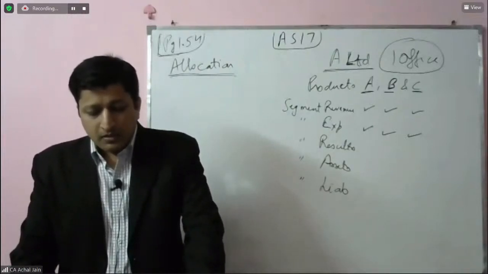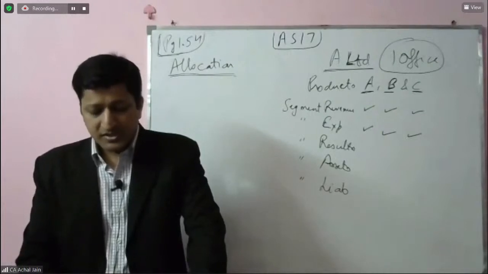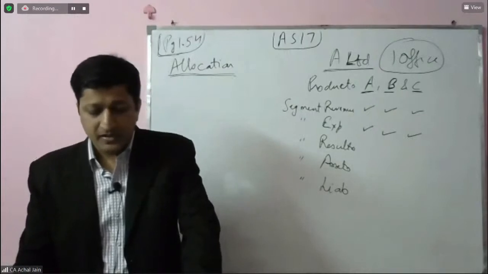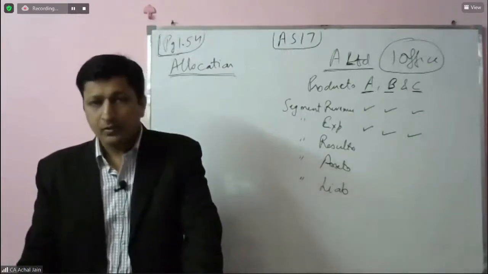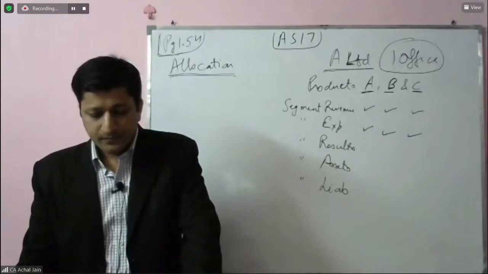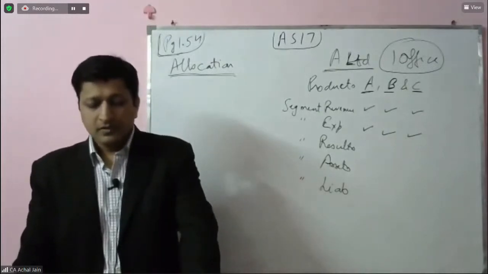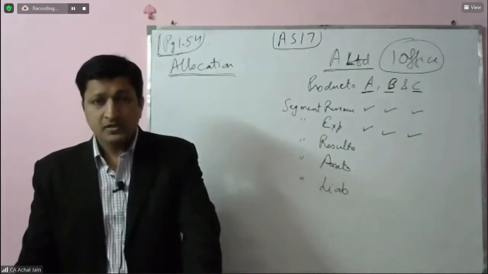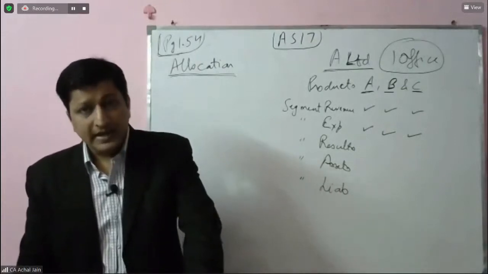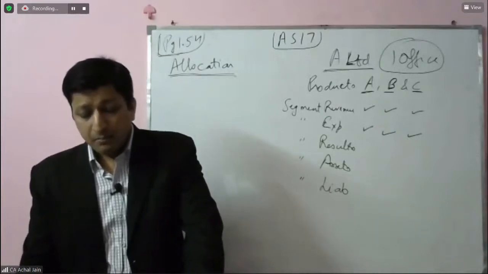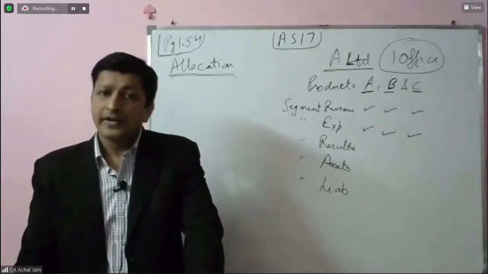Now, the accounting policies which are used in preparing and presenting the financial statements of an enterprise are the fundamental segment accounting policies. Segment accounting policies include policies that relate specifically to segment reporting: identification of segments, method of pricing intersegment transfers, basis for allocating revenue and basis for allocating expenses.